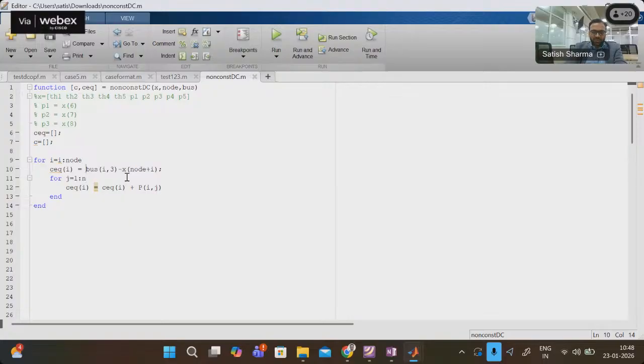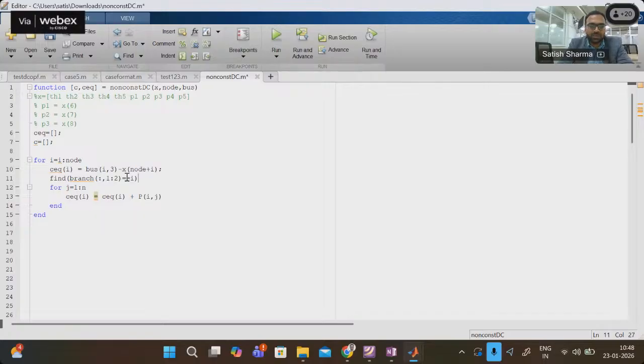So instead of writing this, let's use the find function, find branch data, in all columns, and then we have 1 and 2 equals to I. If I use it, what will I get?